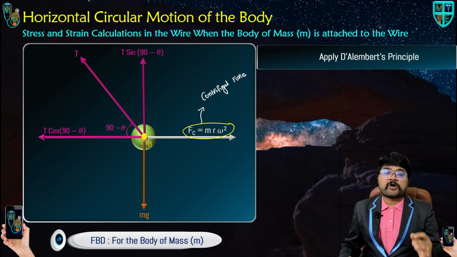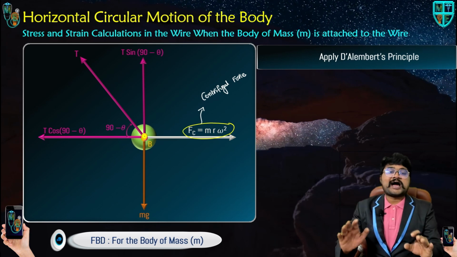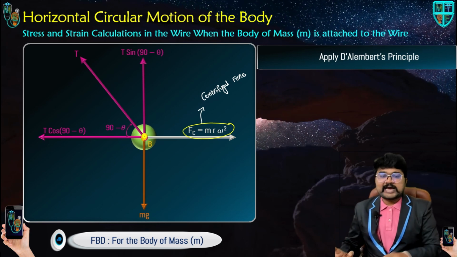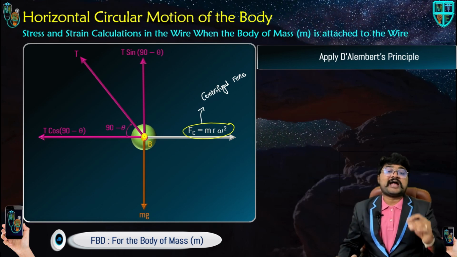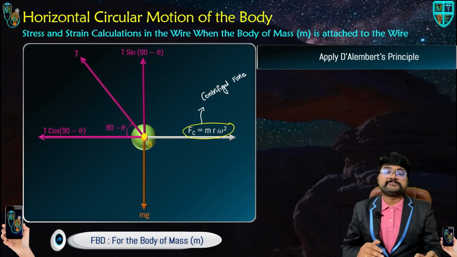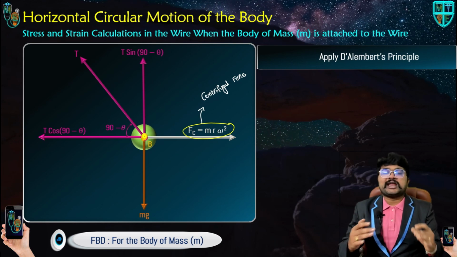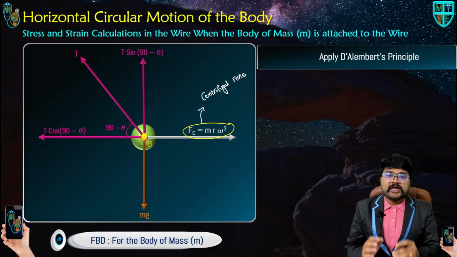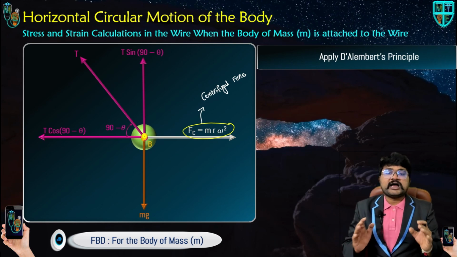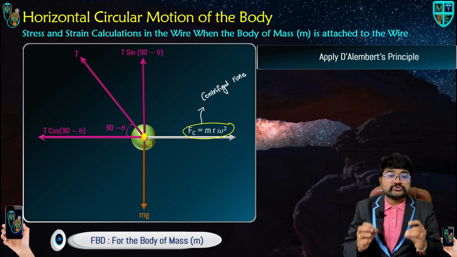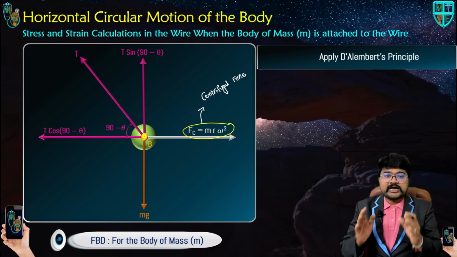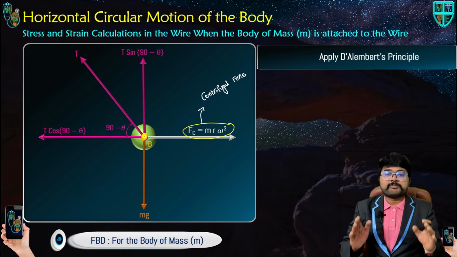So the dynamic problem is converted into a static problem. The entire diagram is for a static problem. That is the condition of D'Alembert's principle. The main purpose of D'Alembert's principle is to convert a dynamic problem into a static problem.